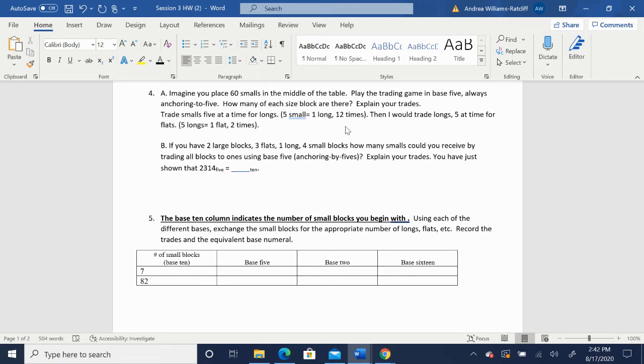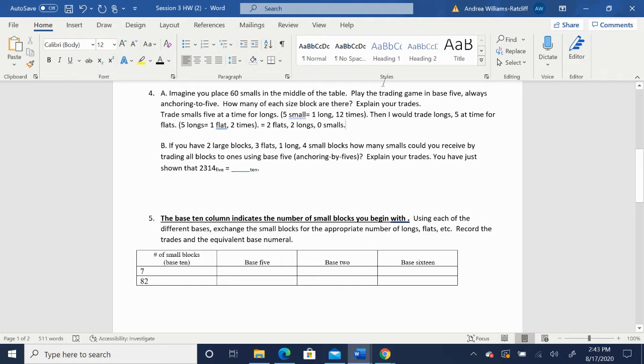Okay, so at this time, I now have 2 flats where I made the trade, 2 longs because they're left over from the 10 I used, and 0 smalls. Okay, so this is all the trading I can do.